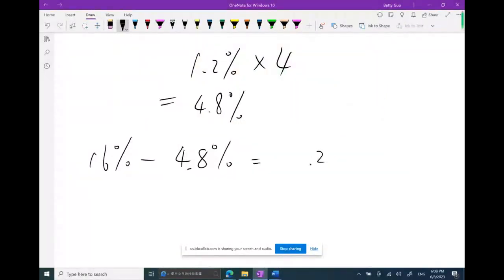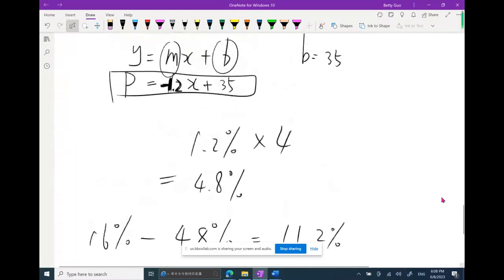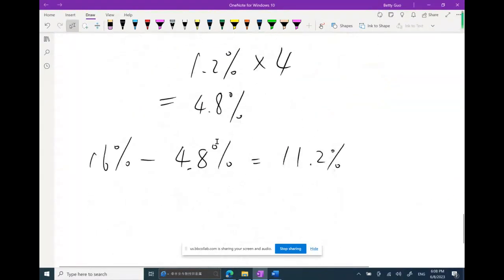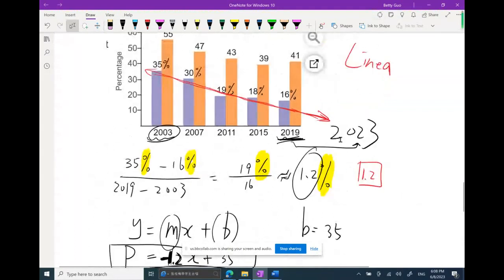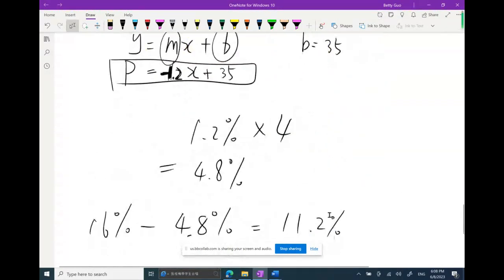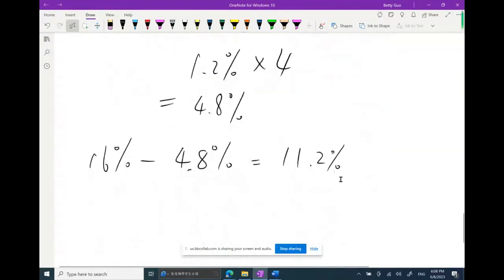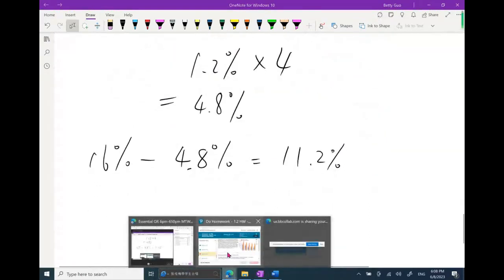That is 11.2%, right? Yeah, that's the near future. In 4 years, if the trend continues, then the percent will drop to 11.2% by the end of 2023. Let's enter that.